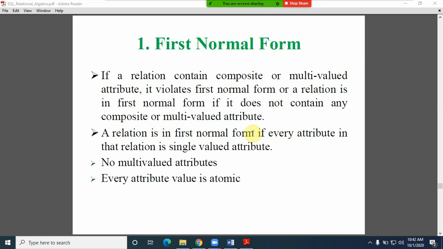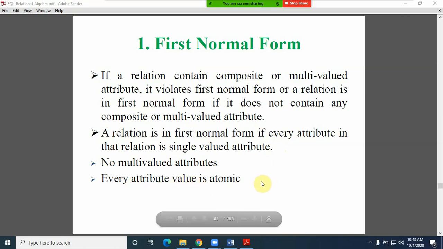The fundamental point is very easy to remember, friends: a relation is said to be in first normal form if it does not contain multi-valued attributes. A relation is in the first normal form if every attribute in the relation is a single valued attribute. No multi-valued attributes, every attribute value is atomic.